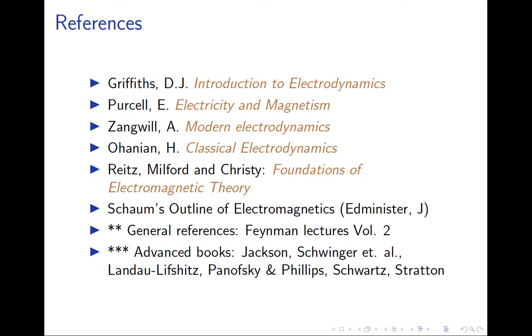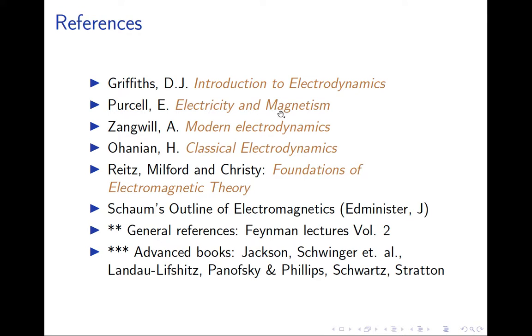Apart from that, I would also highly recommend the book by Ed Purcell, who happens to be Griffiths' teacher. He also has a remarkable book titled Electricity and Magnetism, and this is a part of the Berkeley series of physics courses, which is for the undergraduate, again at the freshman or sophomore level.